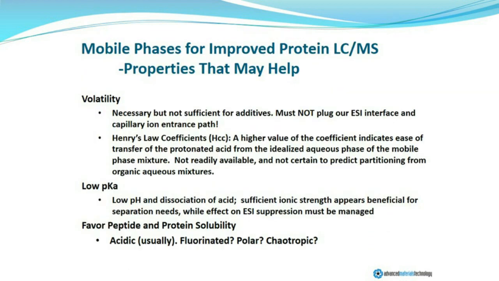So with these results in hand, it caused us to rethink if we were overlooking an opportunity to broaden our scope, to look at a larger list of potential acid modifiers and their potential benefits to the chromatographic part of an LC-MS experiment, and in particular, what characteristics do we really need to have in order to carry out effective LC-MS analyses?